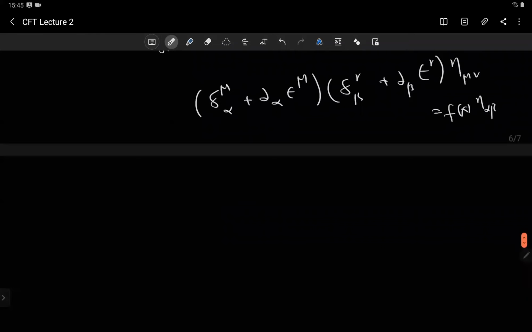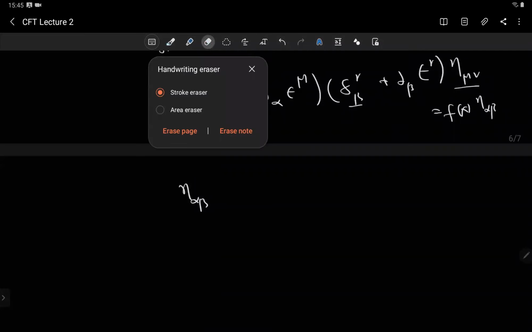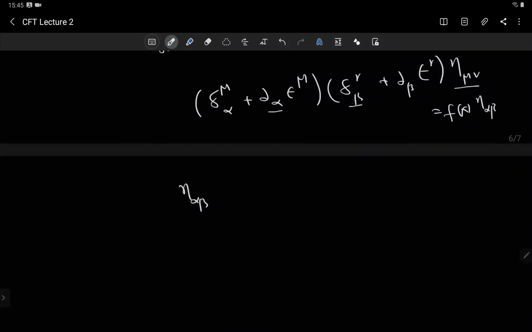Now if you expand this, the first term will be eta alpha beta, obtained by multiplying the deltas. The second term is obtained by multiplying this and this times this, and that will give you del alpha epsilon beta. The third term is obtained by multiplying this times this times this, and that will give you del beta epsilon alpha. The fourth term we will ignore because that is epsilon squared. So this is given by f of x eta alpha beta.